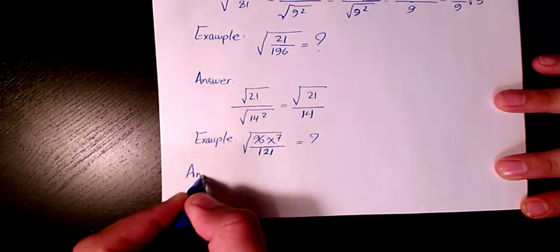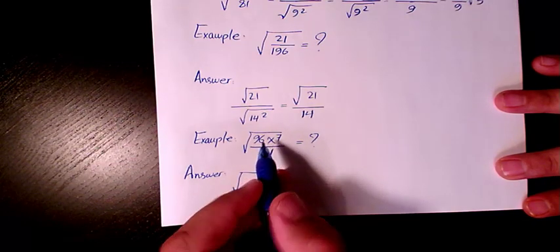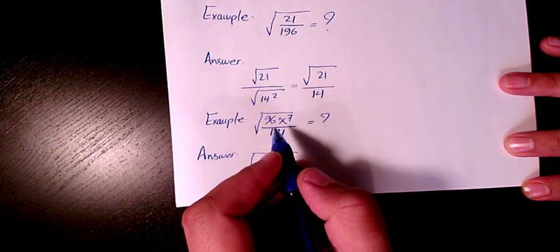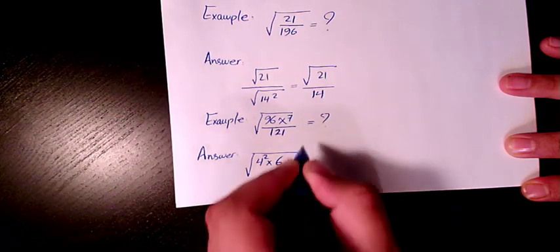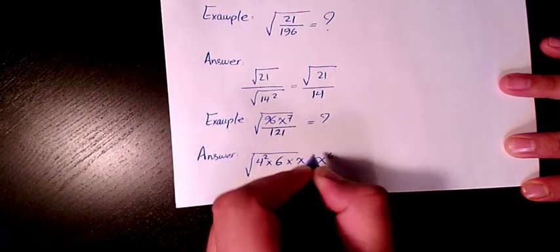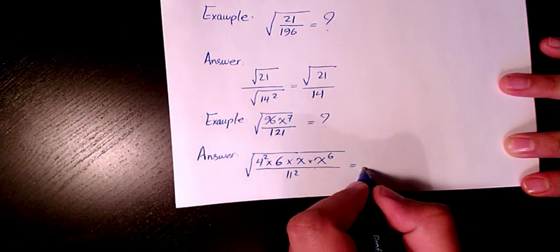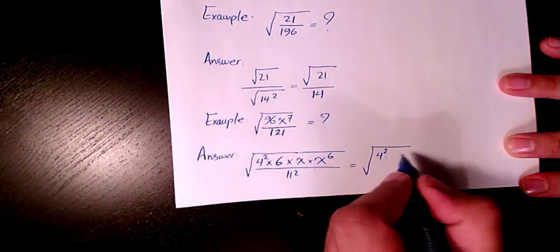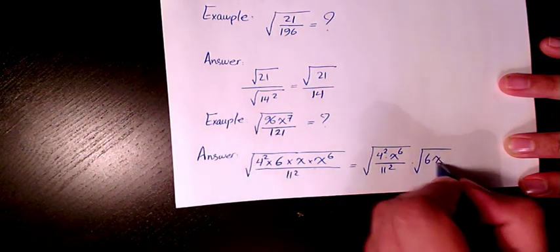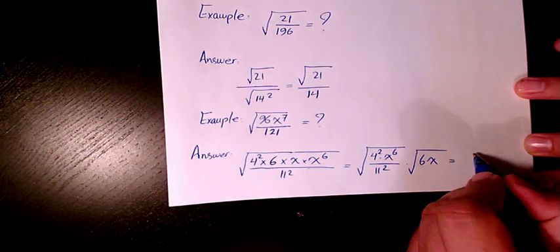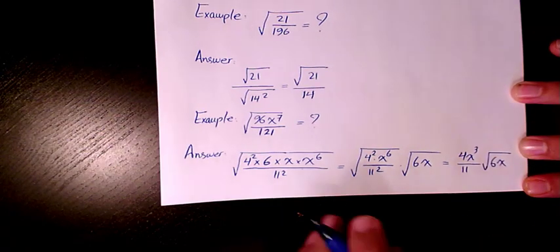The answer is: 96 is 32 times 3, or 16 times 6. 16 is 4 squared, so 4 squared times 6 times x to the power of 6 divided by 121, which is 11 squared. So it will be the square root of 4 squared times x to the power of 6 divided by 11 squared, times the square root of 6x. Then after simplification it will be 4x cubed divided by 11 times the square root of 6x. So that's the final answer.